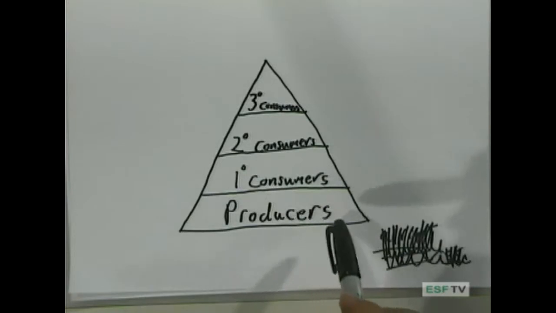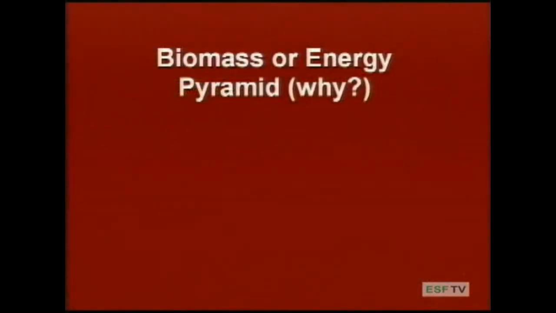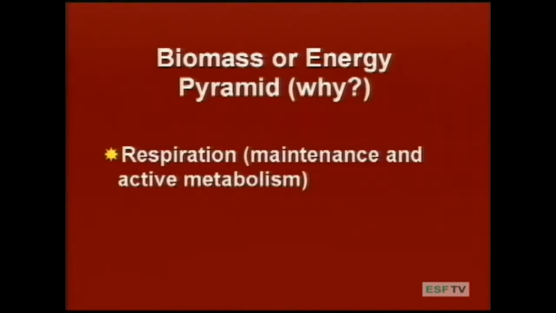Now, I want to get at why this has the shape it does. So we'll go back over to the slideshow here. If we're talking about biomass or this energy pyramid, why does it have that shape? Why does it have the pyramid shape? Well, one reason is respiration.